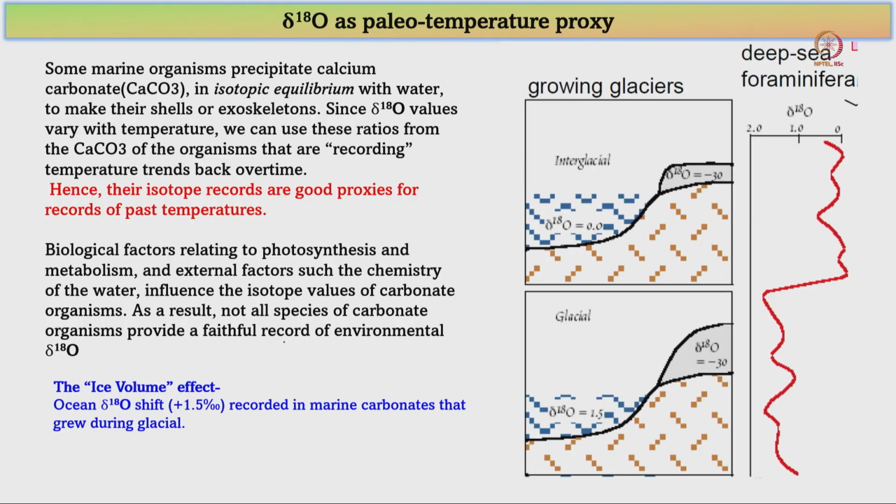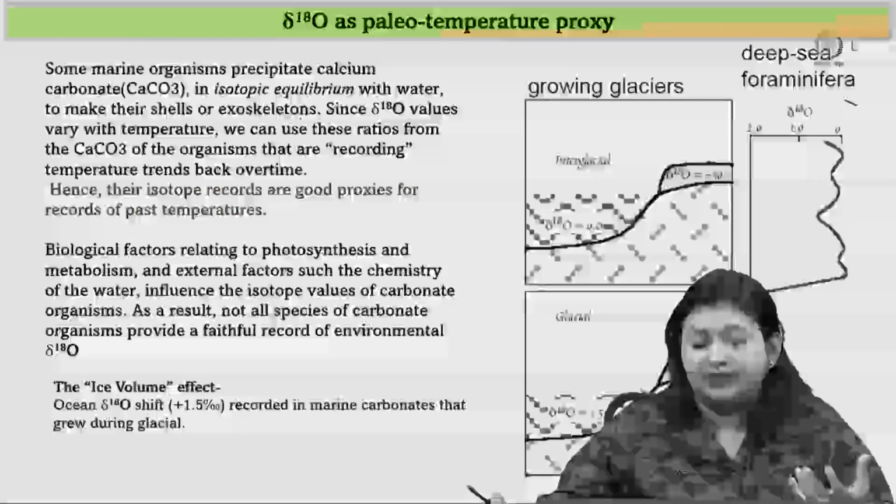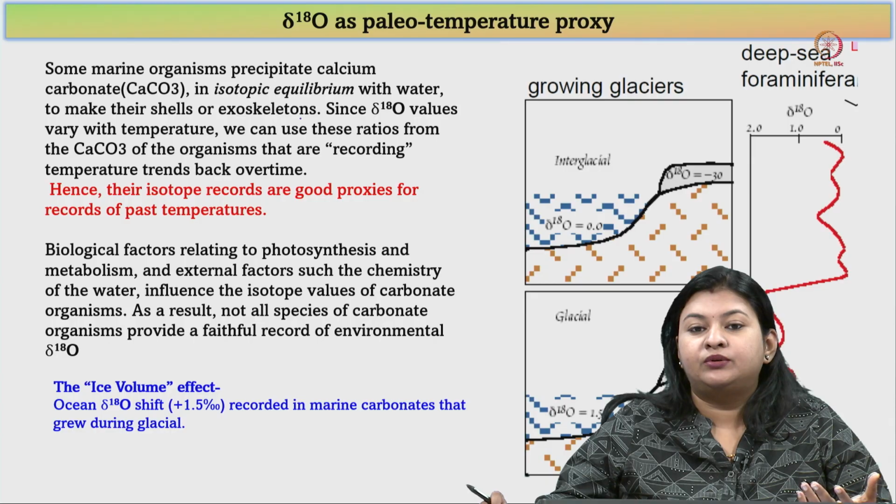So, I was discussing in the last lecture where we use delta 18O values as a paleo temperature proxy, because delta 18O values have a dependency on temperature, using carbonates from our records.